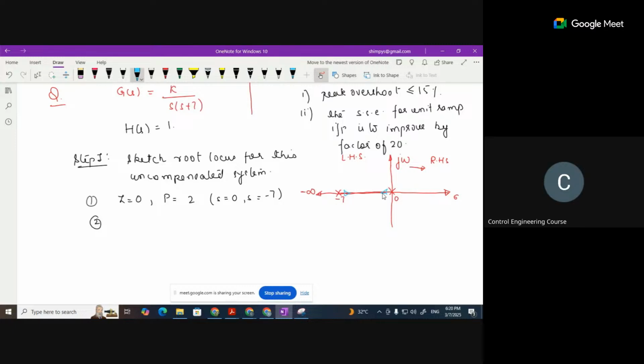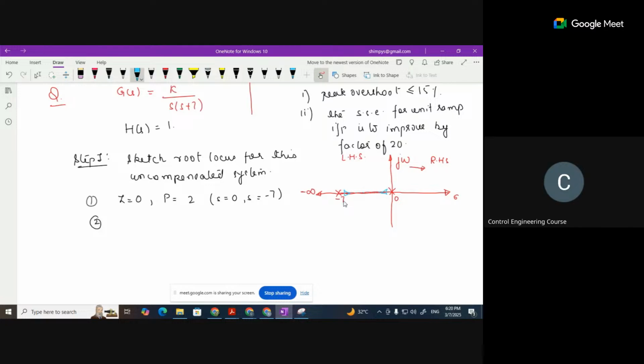Since these two branches are coming towards each other, there will be a breakaway point, and they will break away and go towards infinity.